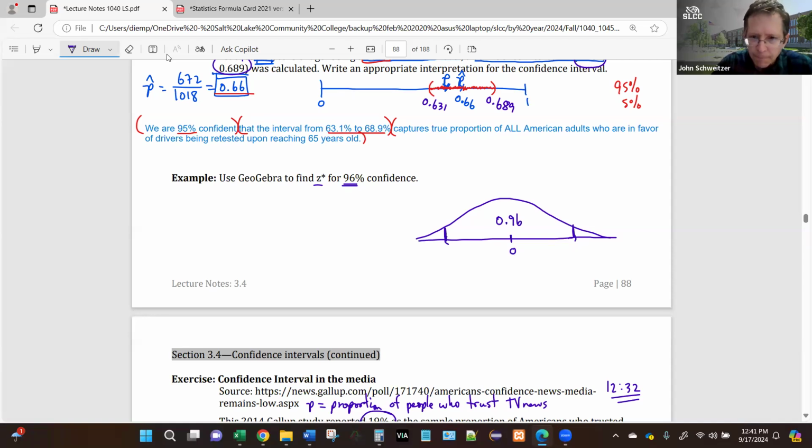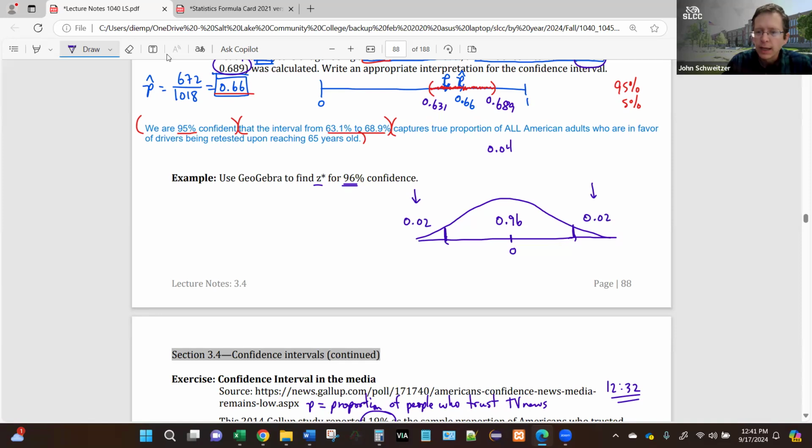So how far out is that? Does this sound like what we were doing last time? Yeah, it's exactly what we were doing last time. If I want to capture the middle 96%, how much does that leave for the two tails? 4%, right? That 4% is split into 2 pieces, one on the left and one on the right, so we have 2% down here and 2% over here.